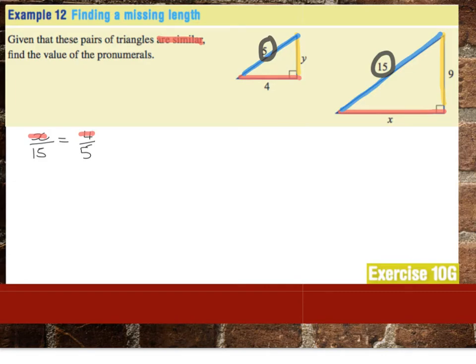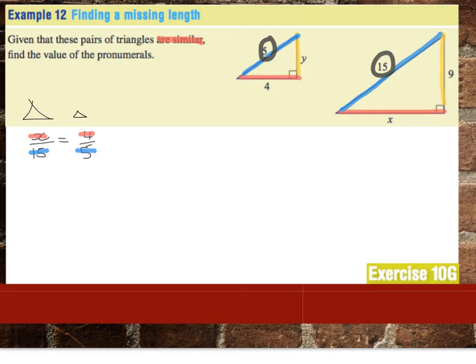So that one, and that one. From the same triangle, so this is the large triangle, this is the small triangle, this is the large triangle, this is the small triangle. So x over 15 equals 4 over 5.